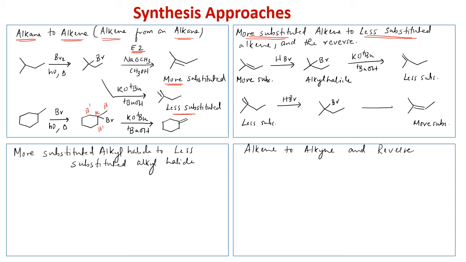After doing that hydrohalogenation, we react this with a strong base, and when we do that, we will get the more substituted alkene.